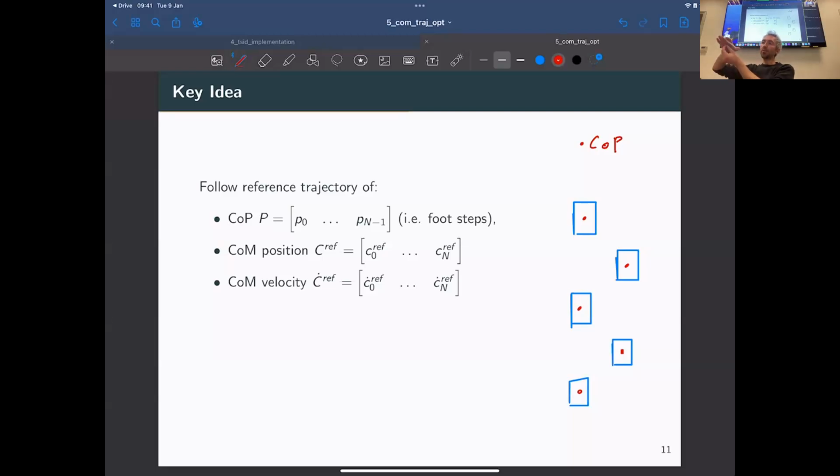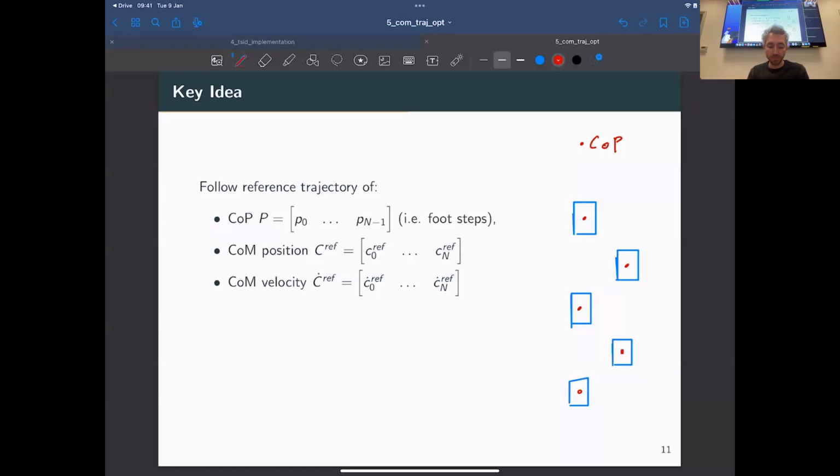If the center of pressure goes to the side of the foot, then it means that your foot can tip over on that side. As long as the center of pressure is instead inside, in the interior of the foot, then your foot cannot tip over. So that's the reason why we're asking typically to keep the center of pressure in the middle. We don't need exactly to have it in the middle, but we are just trying to keep it sufficiently close to the middle.